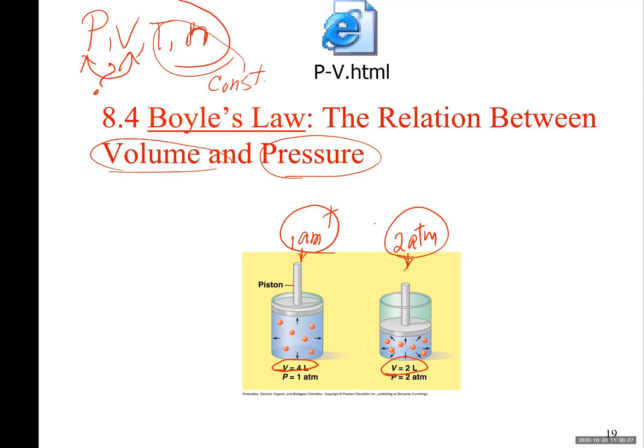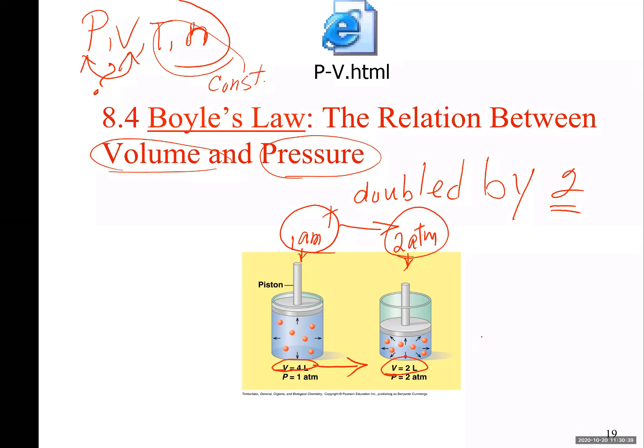So pressure is doubled, by a factor of 2. What is happening to volume? Can I say volume is reduced by a factor of 2? So apparently pressure and volume, if we keep temperature and number of moles constant, they work inversely.